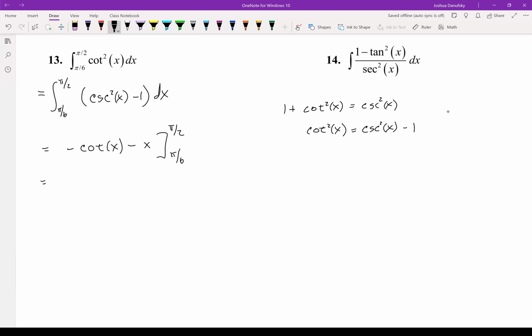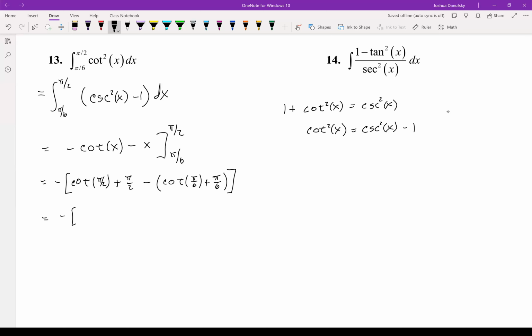So I'm going to go ahead and factor out the negative. I just don't want to make little careless errors. So I have cotangent of pi over 2 plus, because I factored out the negative, pi over 2 minus the cotangent of pi over 6 minus, not minus, plus, remember I factored out that negative, plus pi over 6.